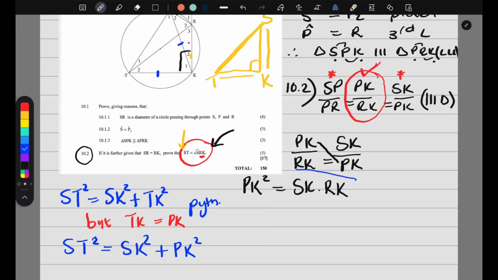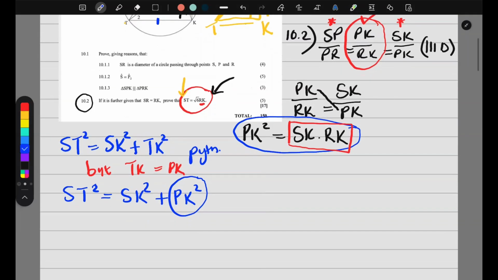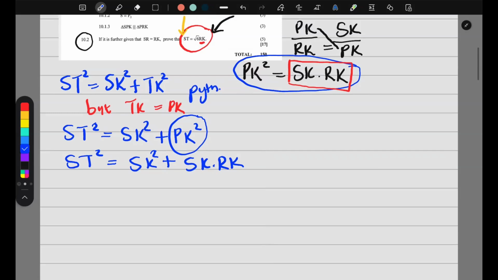Okay, now remember we still have this over here. PK squared is actually this over here. Can't I go fill this in here? So I'm going to say ST squared is equal to SK squared plus, but PK squared is SK times RK. So now I want to prove the following.